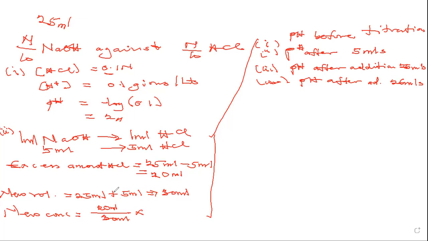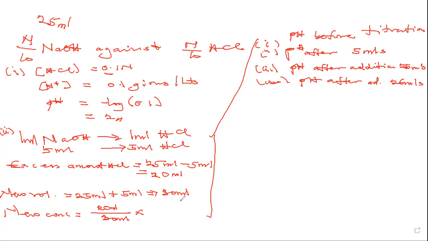I repeat, you take the volume of the solution in excess, or the excess volume of the solution, divide it by the total volume of what you have in the conical flask now, and multiply it by the initial concentration of whatever solution is in excess. And this time around, it is our HCl that is in excess.